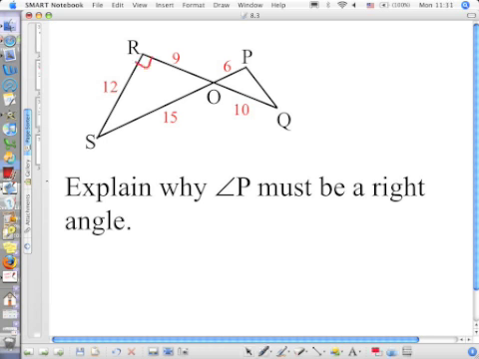Then you can figure out that triangle SRO is similar to triangle QPO through side angle side. We know those two angles are congruent, and the ratio of these two is 2/3 and this is 2/3. Then angle R is congruent to angle P, corresponding parts of similar triangles.